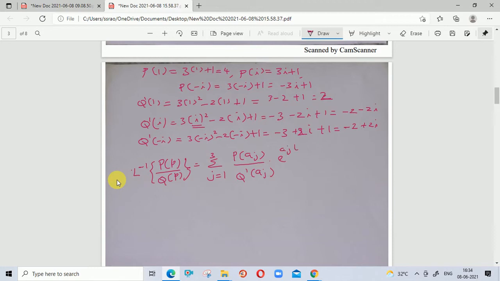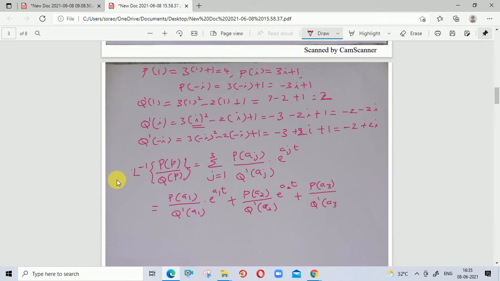Then P of a1 divided by Q dash of a1 into e power a1 t, plus P of a2 divided by Q dash of a2 into e power a2 t, plus P of a3 divided by Q dash of a3 into e power a3 t.